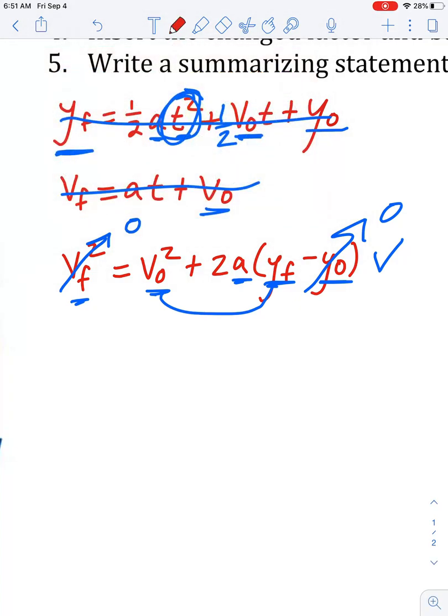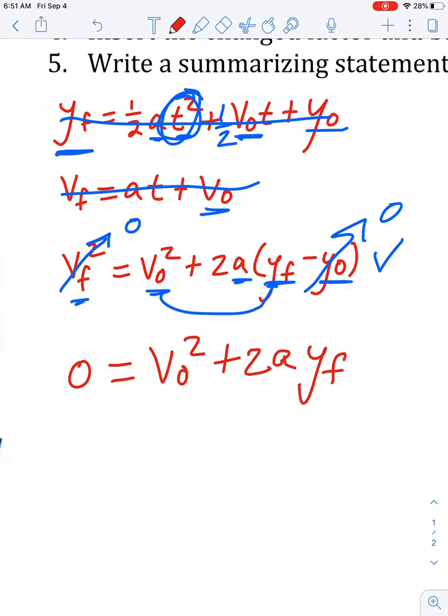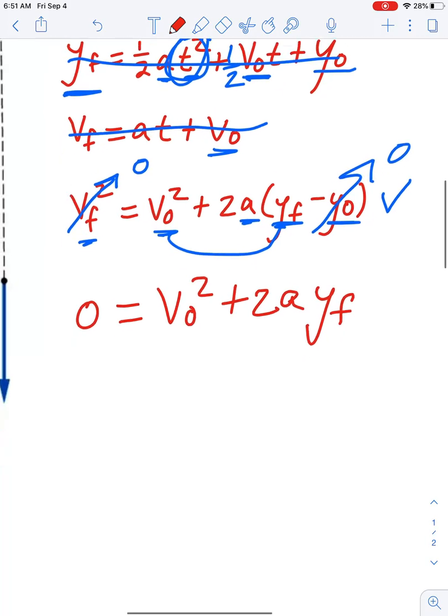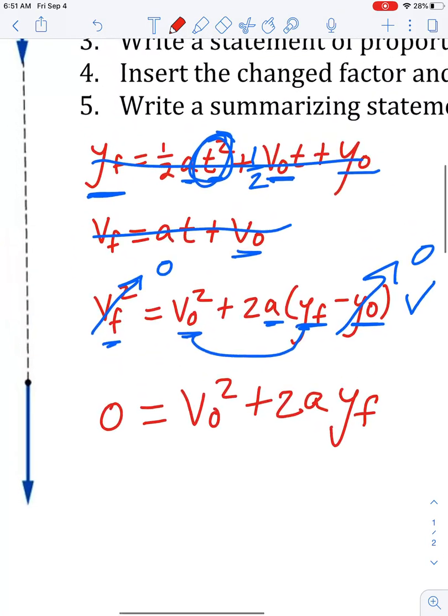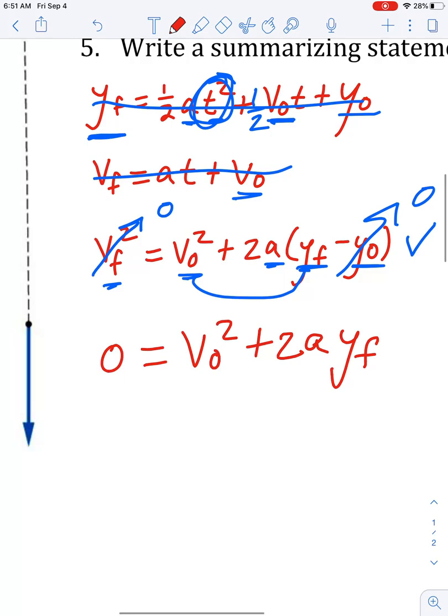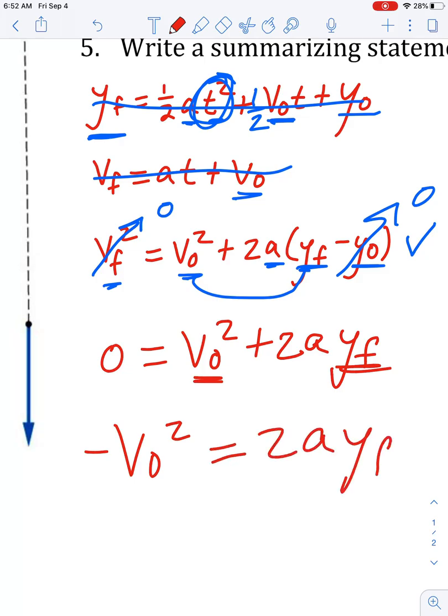I'm going to rewrite this equation so it's a little easier to see. 0 equals v initial squared plus 2a times the final position in the y direction. We have to rearrange this so the two things we're trying to relate are on opposite sides. That's easy. We'll subtract the v initial squared over. Negative v initial squared equals 2a y final.